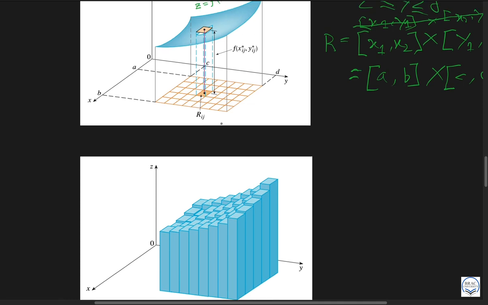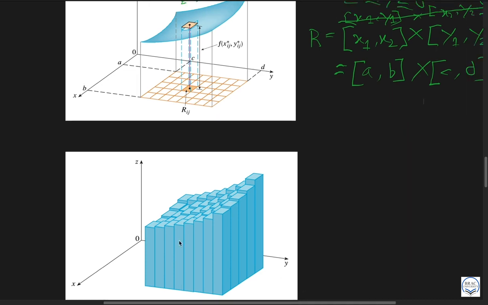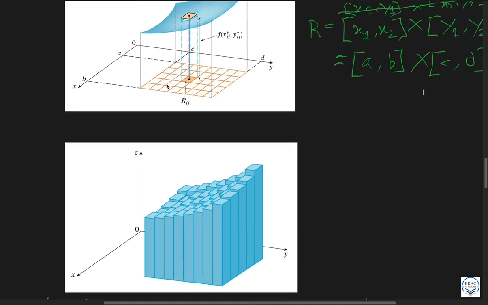Okay, so here this graph will actually speak clearer than words what we want to do. We want to erect rectangular columns from each of the small rectangular regions, and each of these rectangular columns has a specific volume, right? It's the length, width, and the height. The length and the width give the base area, which is the area of these smaller rectangular regions.